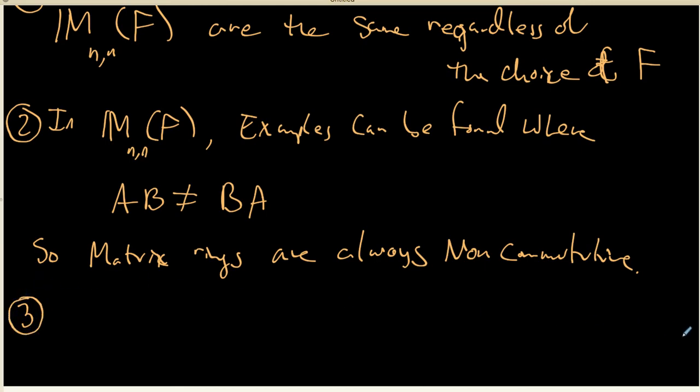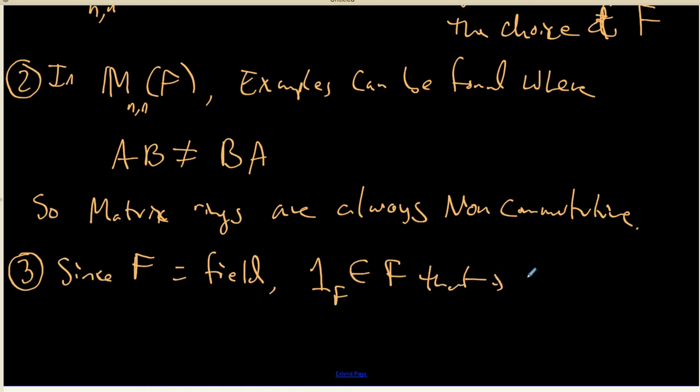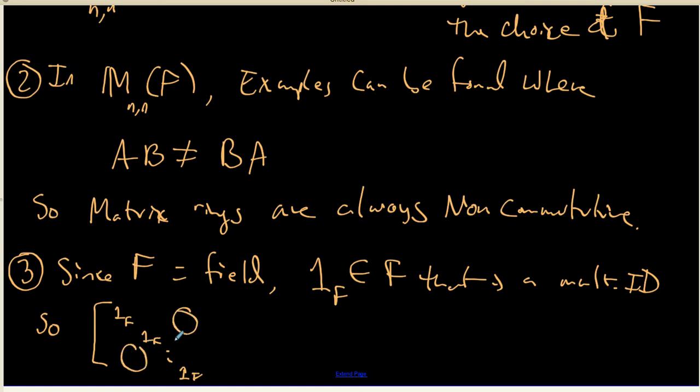The third observation that I want to make about every single matrix ring is that since F is a field, we know that there is a multiplicative identity in F, and that means that we can create a matrix that has that multiplicative identity on its main diagonal and zeros everywhere else.